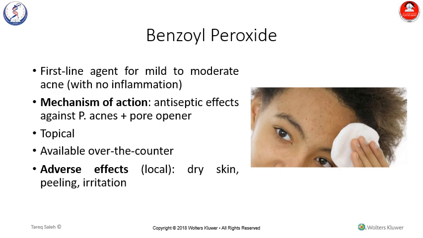The mechanism of action of benzoyl peroxide includes antiseptic effects against Propionibacterium acnes, as well as its ability to open occluded pores. Benzoyl peroxide is a topical agent that is available in many over-the-counter acne treatment products, as well as in some prescribed drugs. It's associated with a low profile of adverse effects, such as local skin dryness, peeling, and irritation.